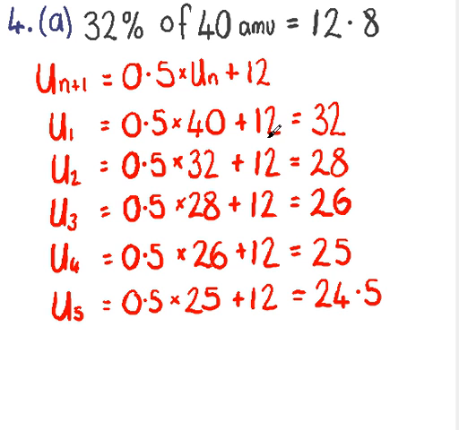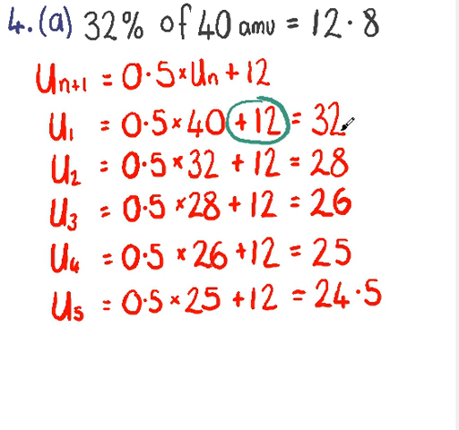So if you imagine just before this plus 12 had been added, we would have actually fallen to a much lower value. We had 0.5 times 40, the initial value, that is actually as low as 20. So during that first 2-hour period, the mass fell as low as 20, but at the end of the period, 12 was added, which brings us back up to 32.